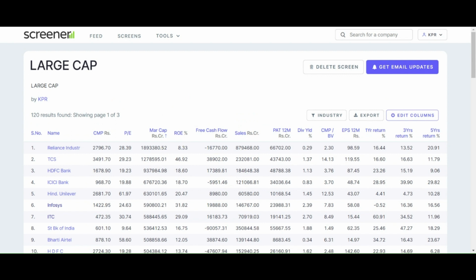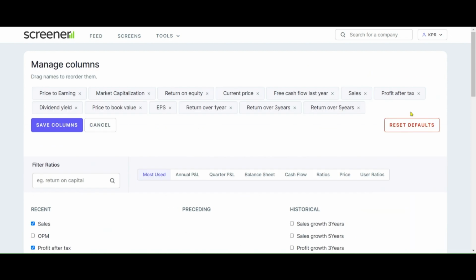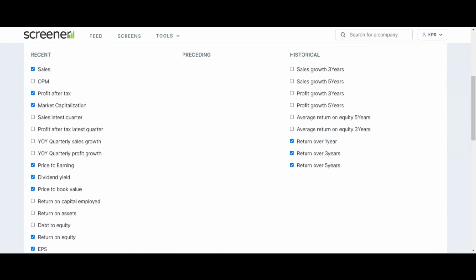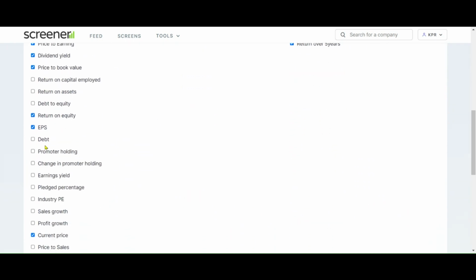Likewise, you can apply various filters. Whatever columns you are seeing here, it's not only these. You also have various parameters for analyzing a stock that can be added or removed through this manage columns section. For example, I want to see the debt and promoter holding of that particular stock.